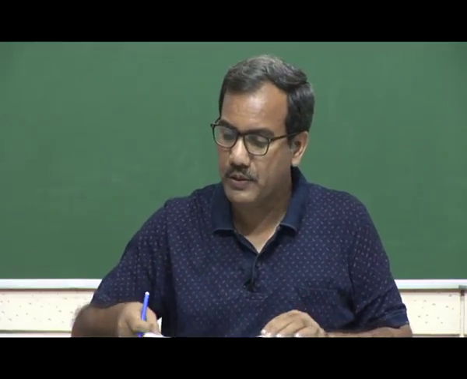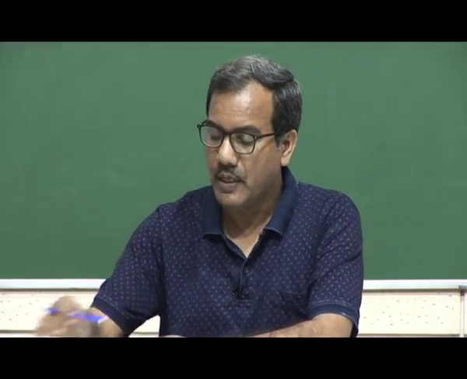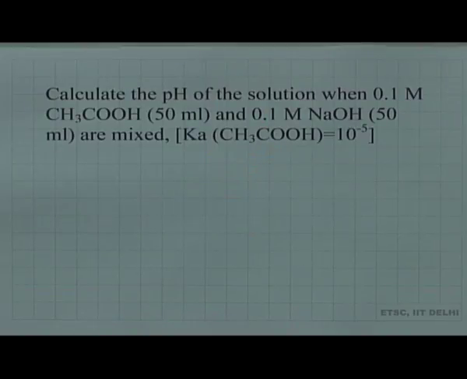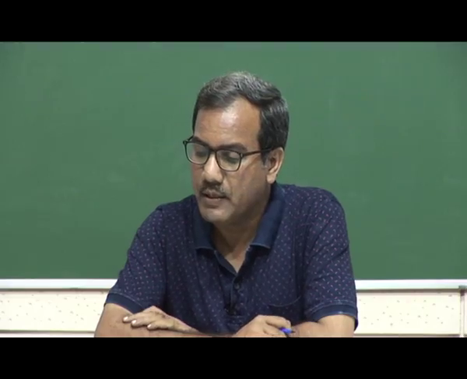Now, take the next question. Calculate the pH of the solution when 50 ml of 0.1 molar acetic acid and 50 ml of 0.1 molar NaOH are mixed, Ka is 10 to the minus 5.